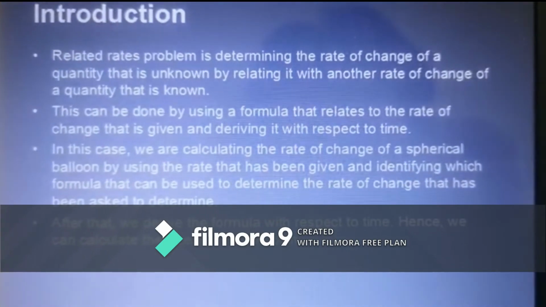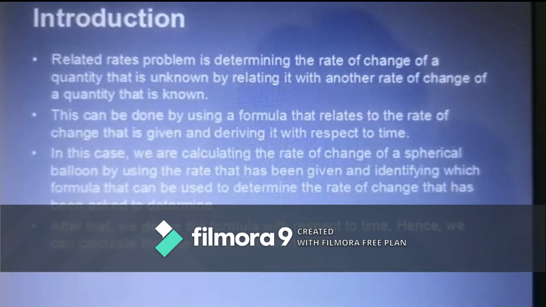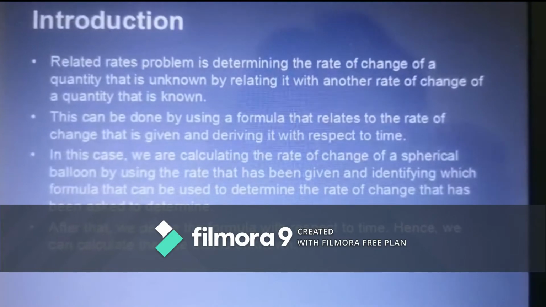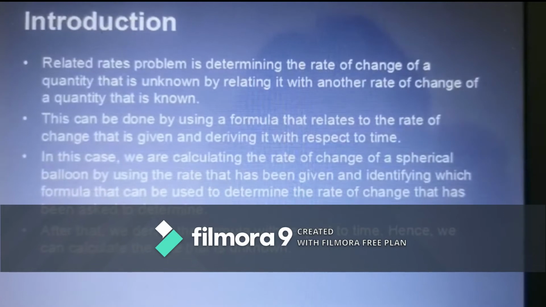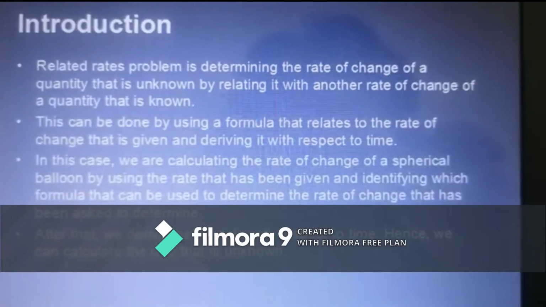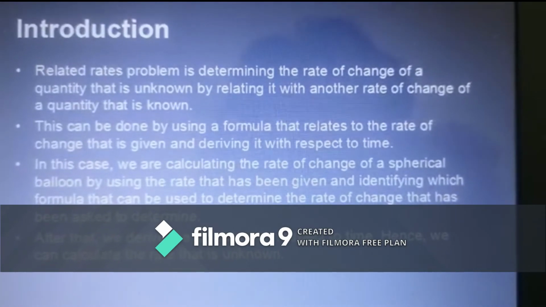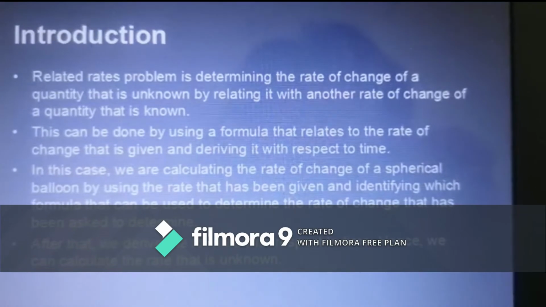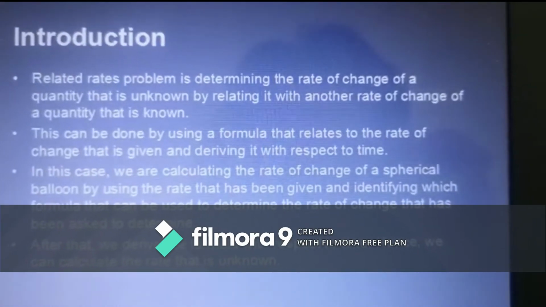In this case, we are calculating the rate of change of a spherical balloon by using the rate that has been given and identifying which formula can be used to determine the rate of change that has been asked. After that, we derive the formula with respect to time. Hence, we can calculate the rate that is unknown.